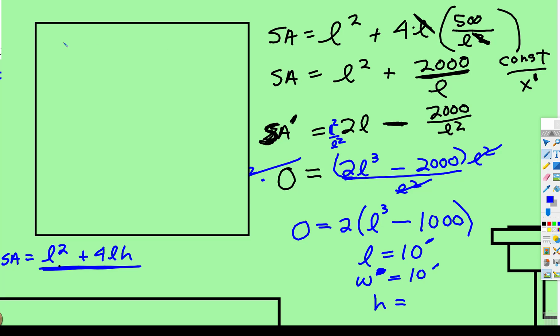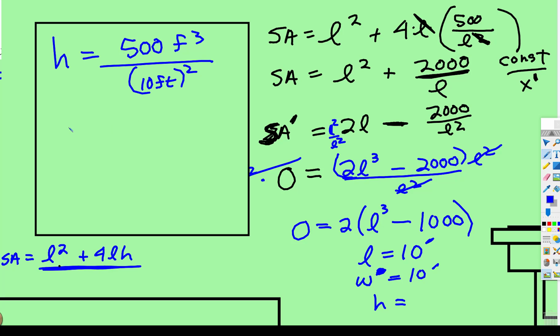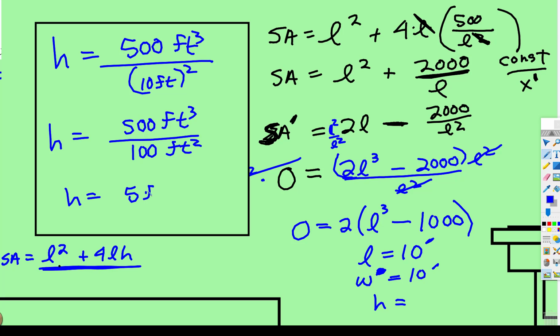So H is equal to 500 feet cubed over L, which is 10 feet, squared. Well, that's 500 feet cubed. 10 squared is 100. Feet squared is feet squared. Remember the laws of exponents. 3 subtract 2 is 1. 500 divided by 100 is 5. So our height is 5 feet.